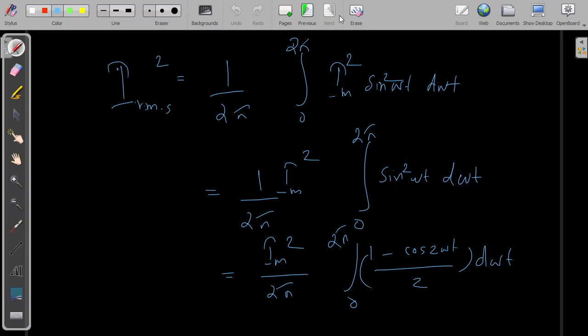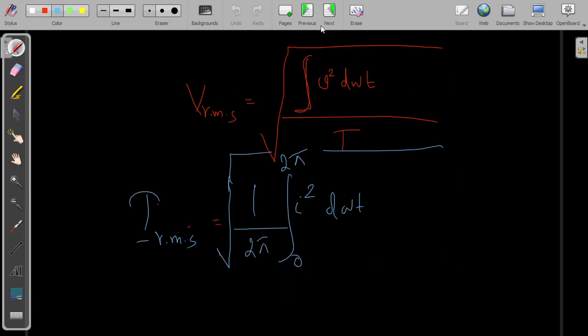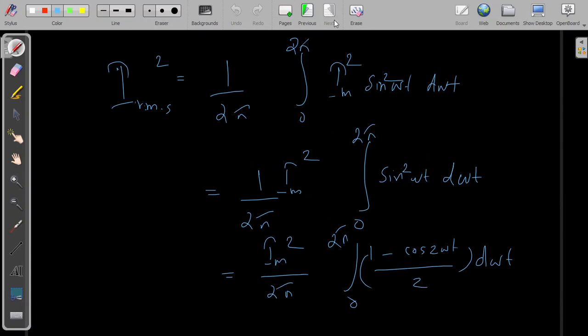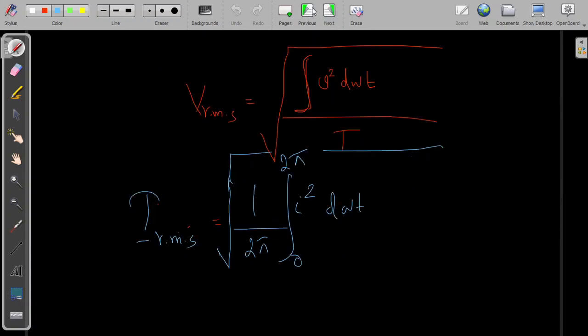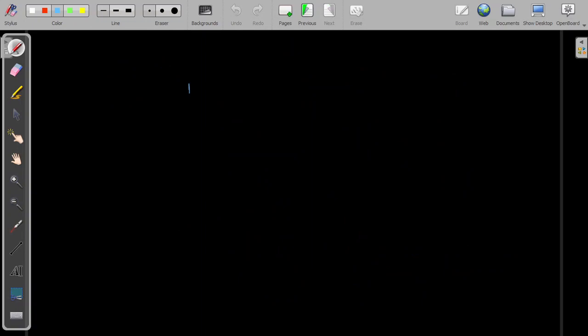Now on solving this, we will get IRMS is equal to Im divided by root 2 ampere. So this is our RMS value of the AC waveform.